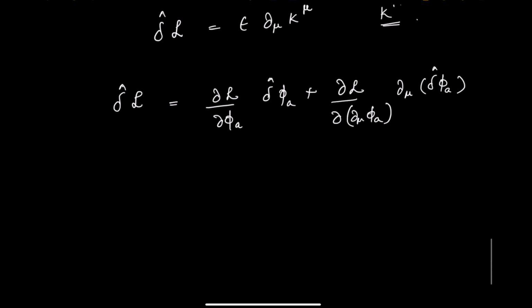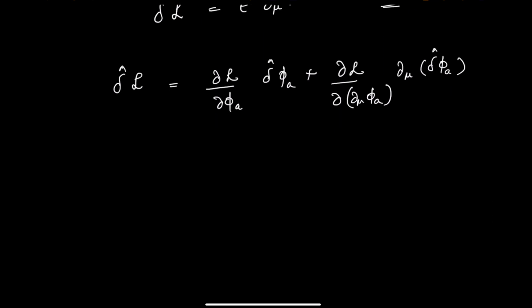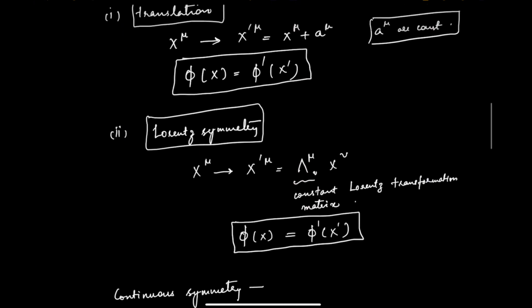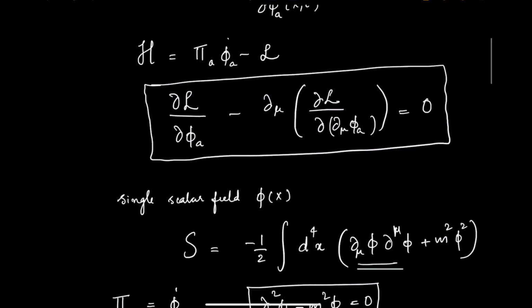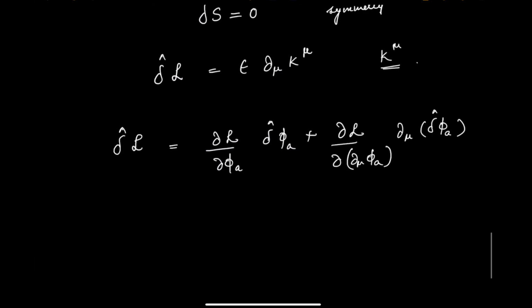Now from the equation of motion, I can equate these two terms, because the first term subtracted by the second term gives me 0, which means I can equate the first term and the second term.